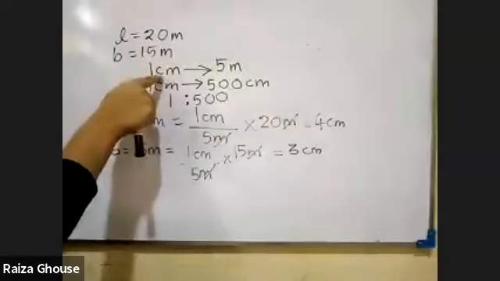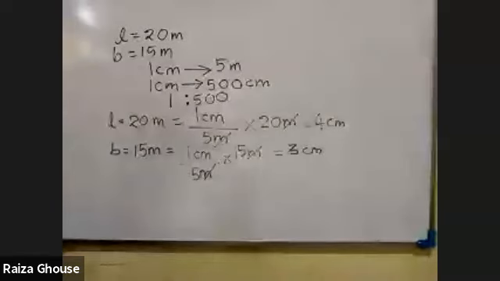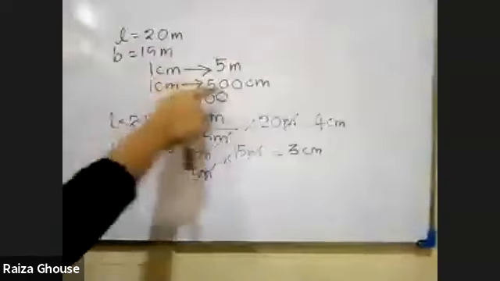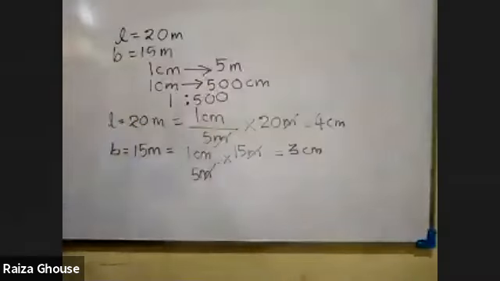If we want to write this in the scale as a ratio, we have to convert both of them into the same unit. So 5 meter is equal to 500 centimeter, where the scale is 1:500.